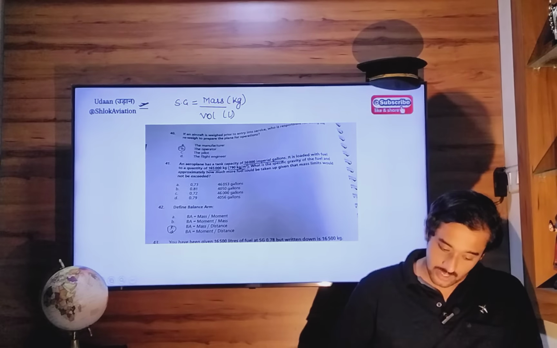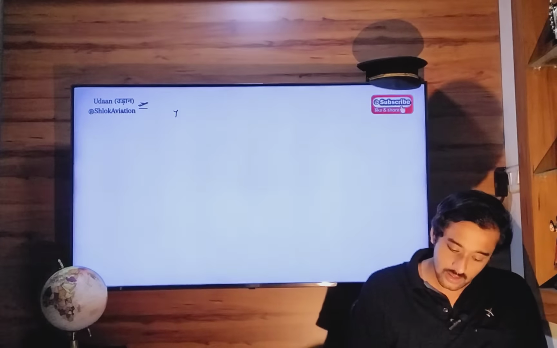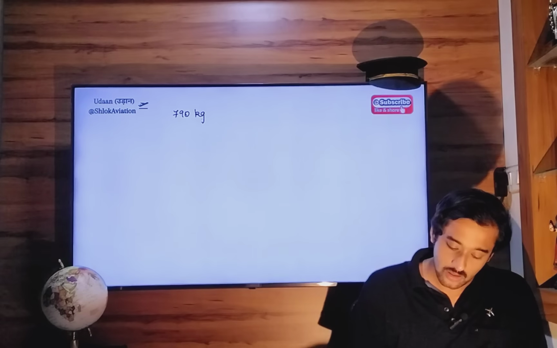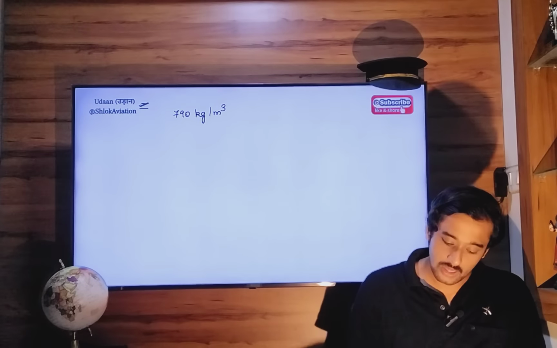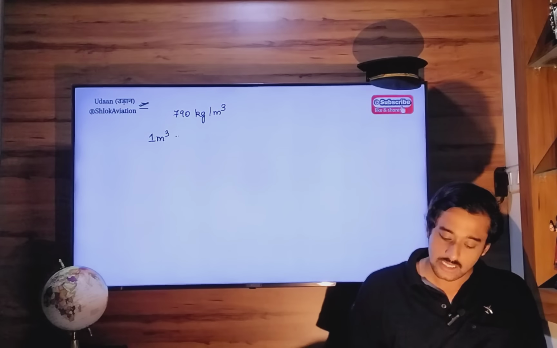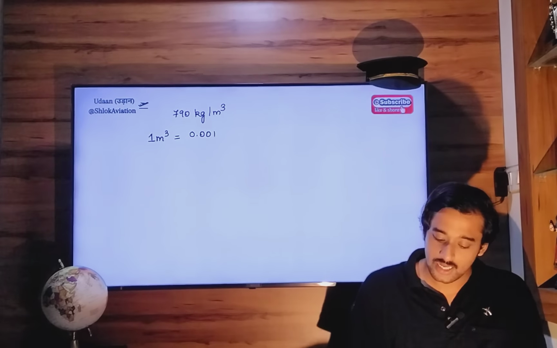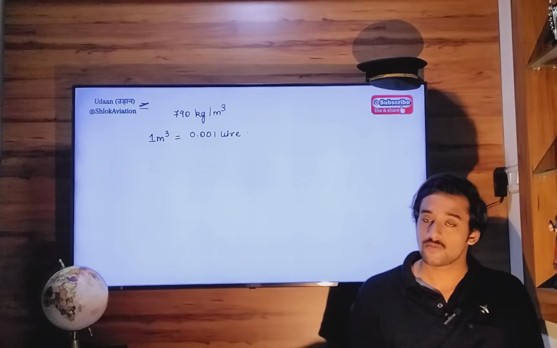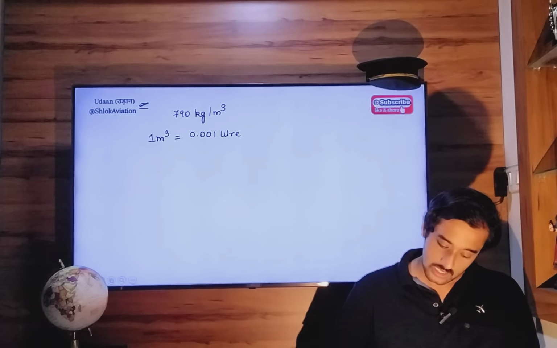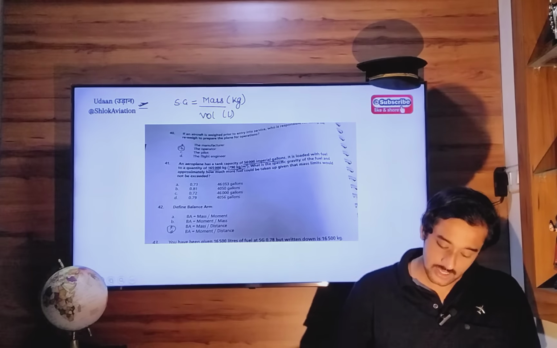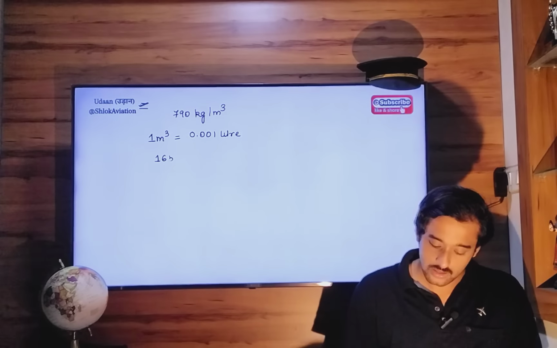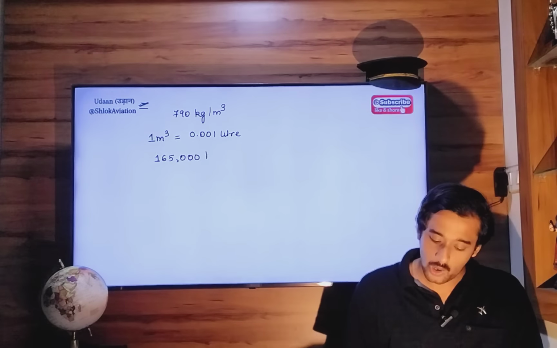790 kilogram per meter cube. Now 1 meter cube equals 0.001 liters. So 165,000 kg will be equal to how many liters?